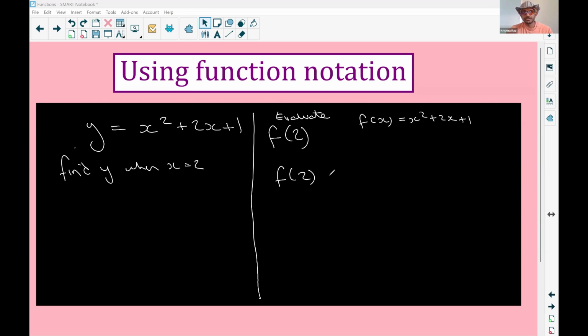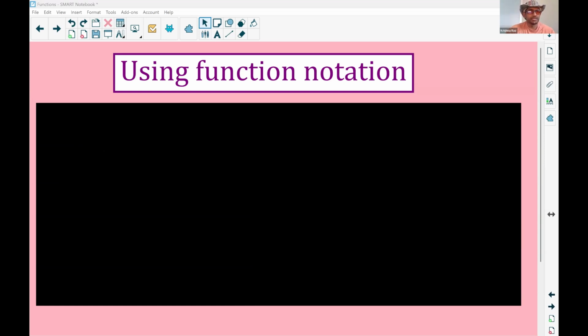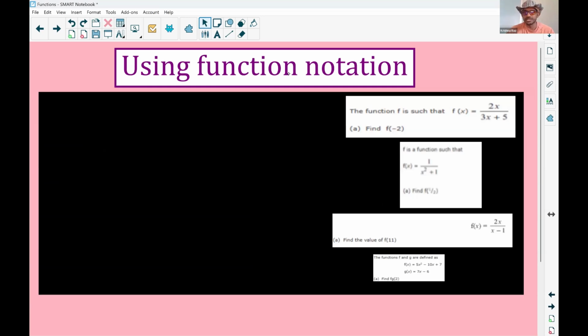So then f(2) equals 2 squared plus 2 times 2 plus 1, 4 plus 4 plus 1, which is 9. So that is the first main use of it, especially at this level, GCSE or IGCSE.